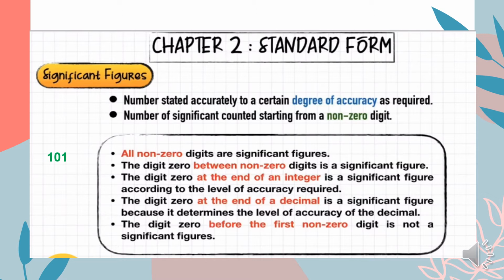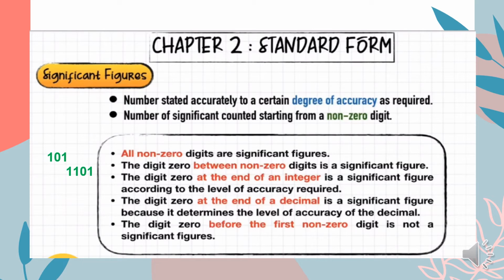Okay, and then the next rule says the digit 0 at the end of an integer is a significant figure according to the level of accuracy required. As you can see, at the end of an integer is a significant figure. So I mean like 1101.